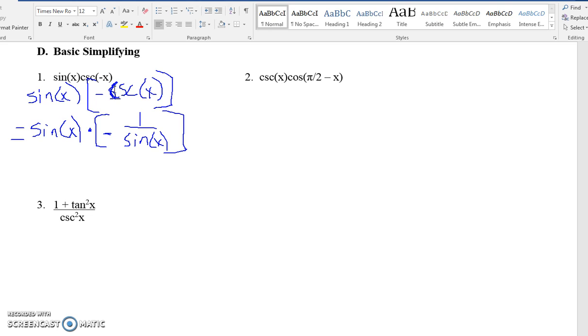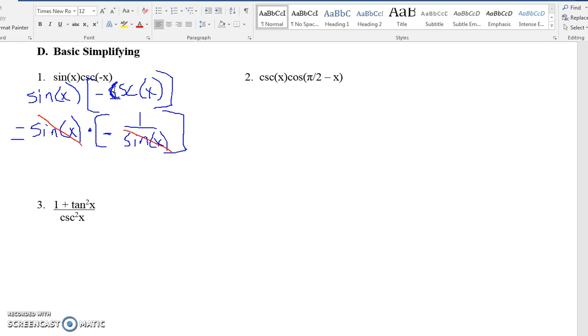Okay, so now just think in terms of numbers. If we made sine of x equivalent to 3, what's 3 times a negative 1/3? Because that's really what we have here. And so the sine of x's would technically cancel off. So let me get a different color here. So this would kind of cancel off.